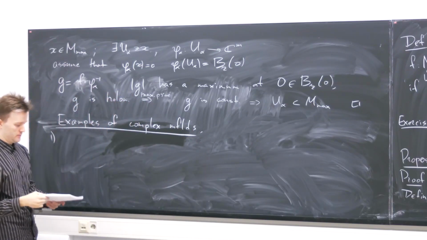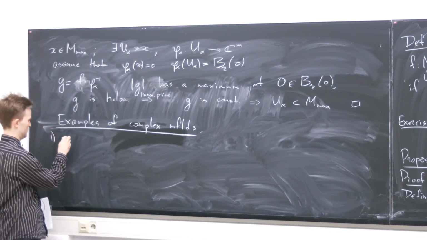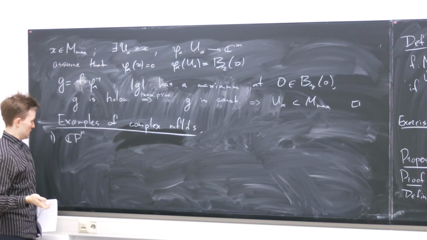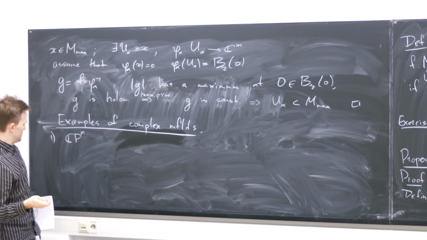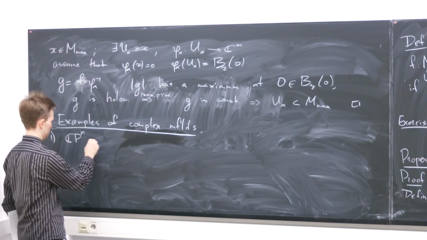Well, the first example I want to recall is just the complex projective space. Well, it's easy to describe it using charts. So what is this?